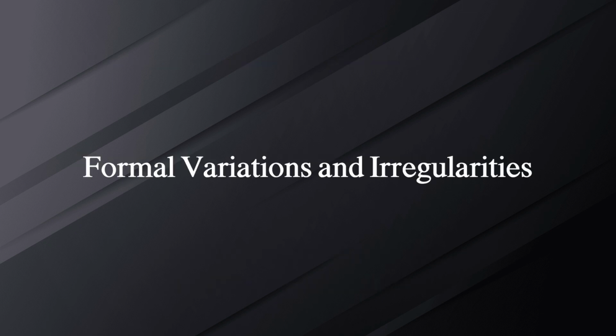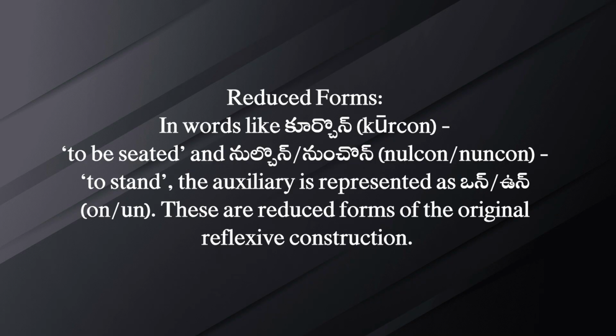Another variant, formal variations and irregularities. Reduced forms. In words like kurchonu, to be seated, and nulchonu, nunchonu, to stand, the auxiliary is represented as one or un. These are reduced forms of the original reflexive construction.